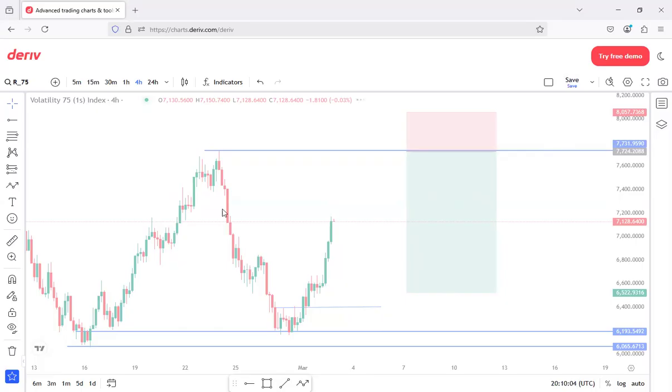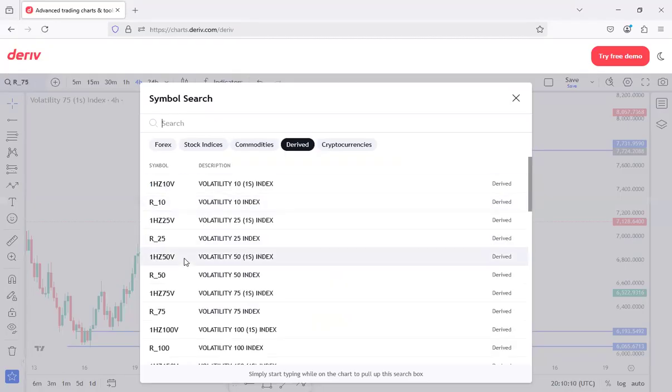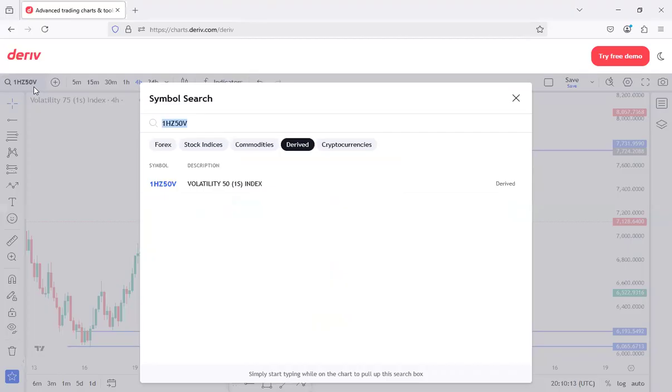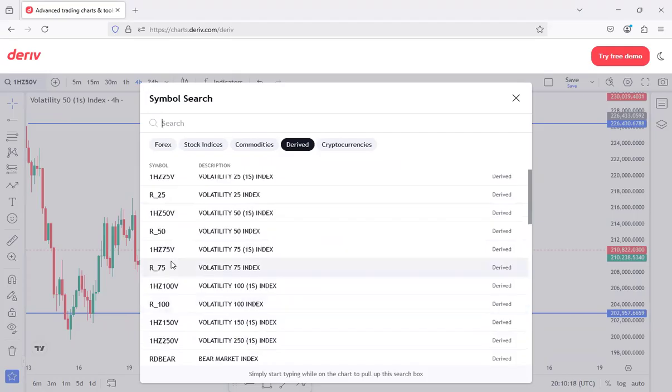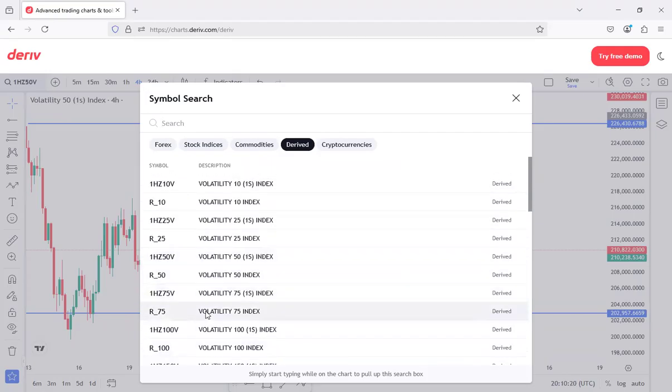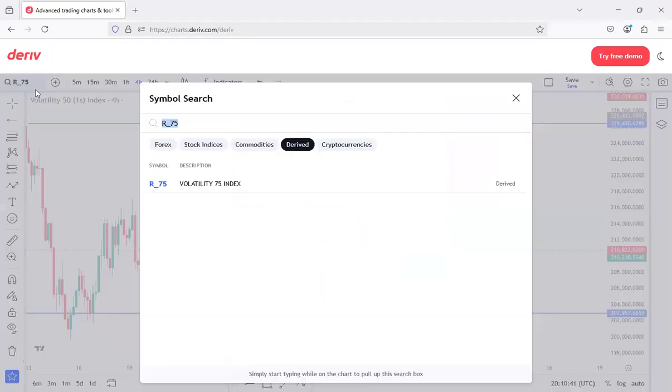Let's see what the price is doing at the 75 index here. Sorry, let's go down to 75. Okay, this is it. Why is the network being disturbing this night? Okay, I think we'll proceed to the next one.